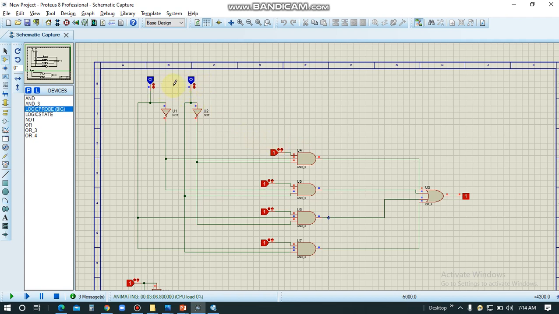The selection line is 0 0, and we can see here this red point that gate U4, the first gate, is enabled, and the signal displayed in the output is basically the input of this gate 1. Similarly, if we give it 0 1, then this first gate is disabled, and the second gate is enabled.